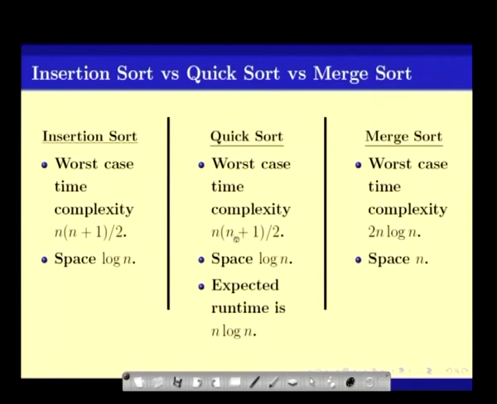N squared to n log n is a huge jump. In the space complexity, whereas insertion sort and quick sort both took log n, merge sort took n steps. And quick sort in the middle also showed that in expected runtime quick sort requires n log n steps.